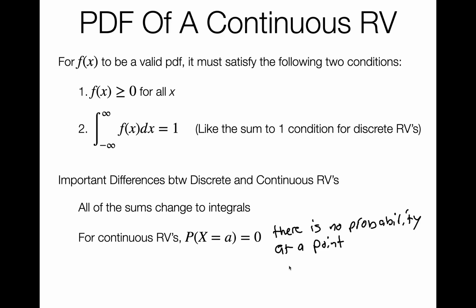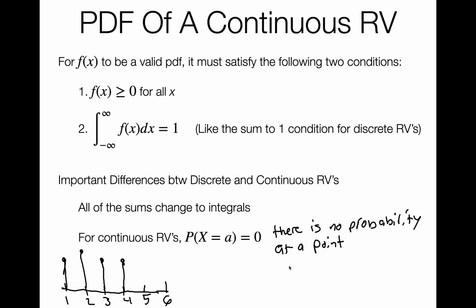This is totally different from what we're used to with discrete random variables, because with discrete random variables, probability only happened at a single point. If I was rolling a dice and looking at the value of the face after it was rolled, 1, 2, 3, 4, 5, and 6 are the possible outcomes, and the probability only happened at those points.